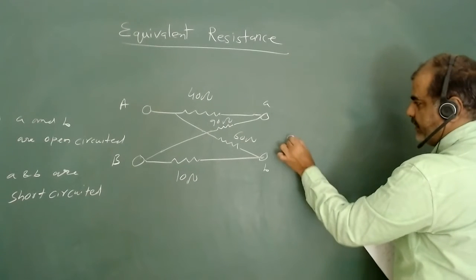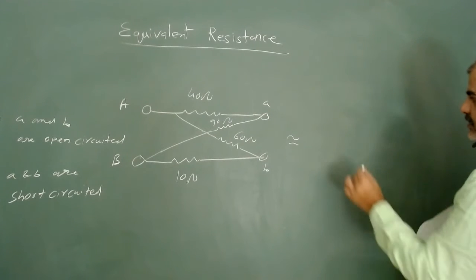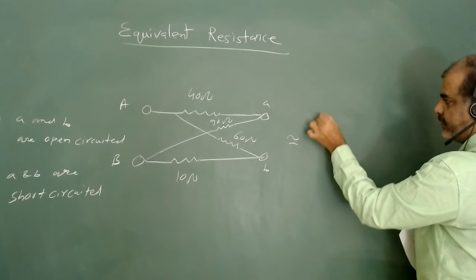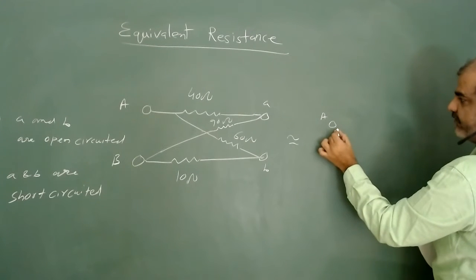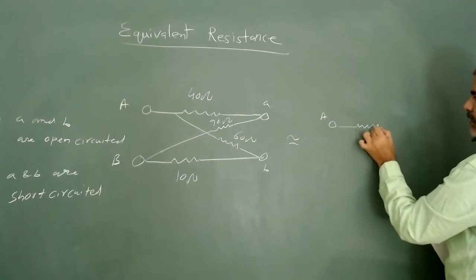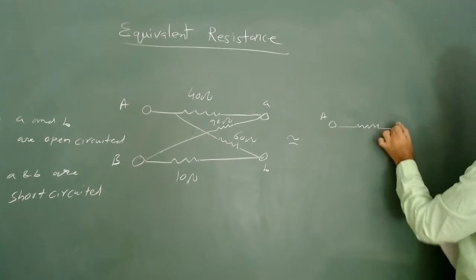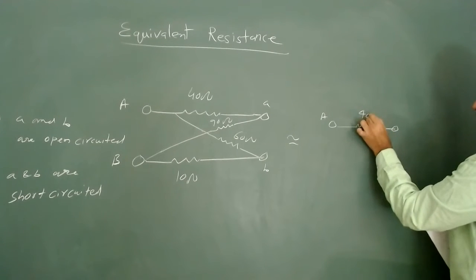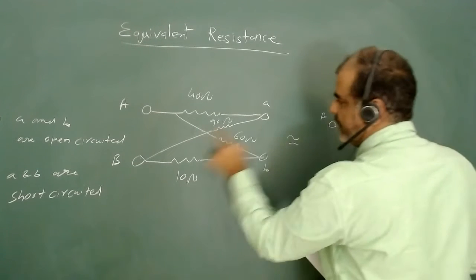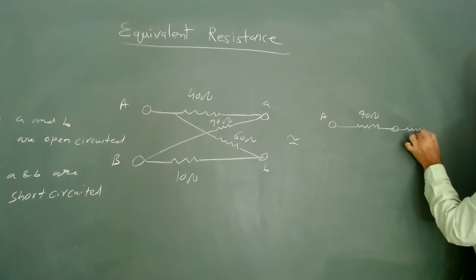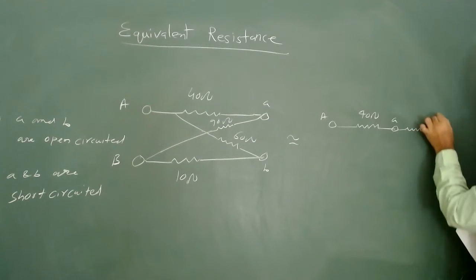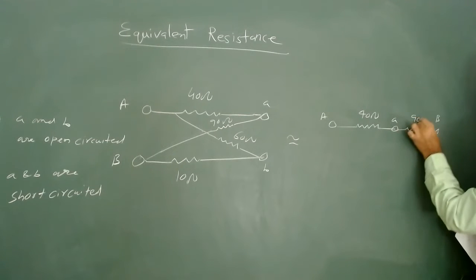So let me draw one equivalent resistance. We are starting from A. Between A and small a, I have a 40 ohm resistance. Then from small a to capital B, I have a 90 ohm resistance.